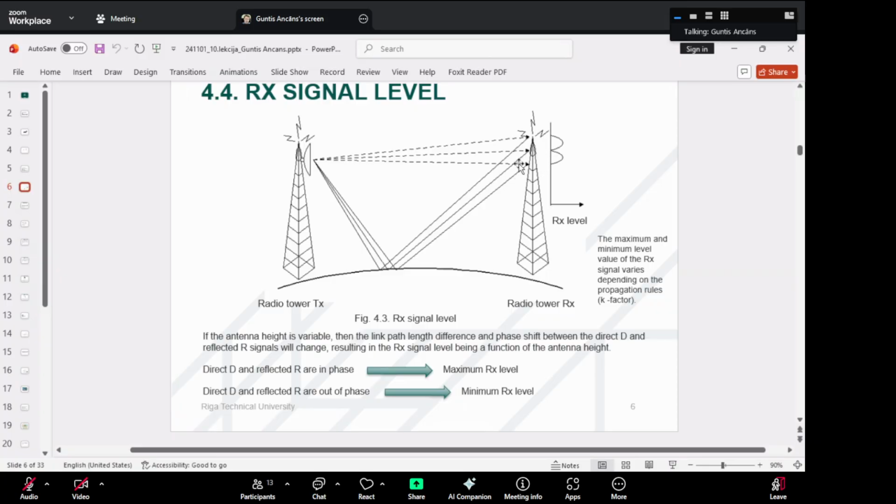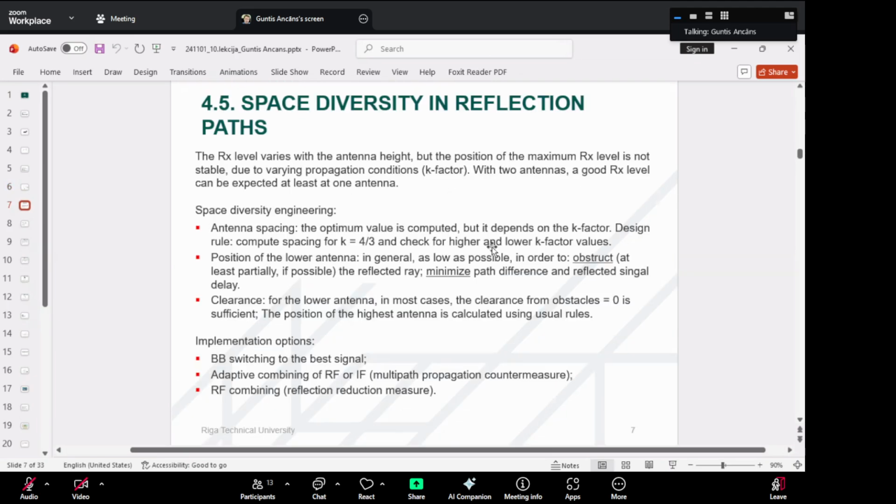And if we have an additional receiving antenna at a different height, then the system is able to adapt to these environmental changes and work in an optimal way.